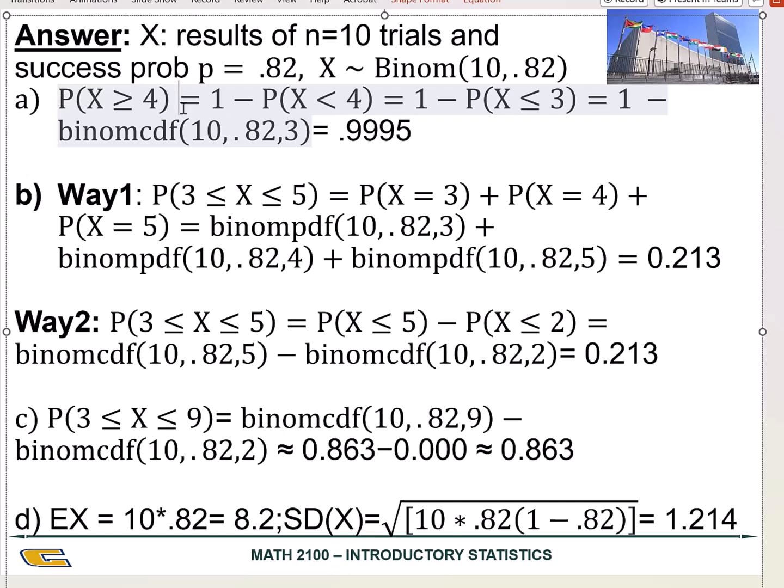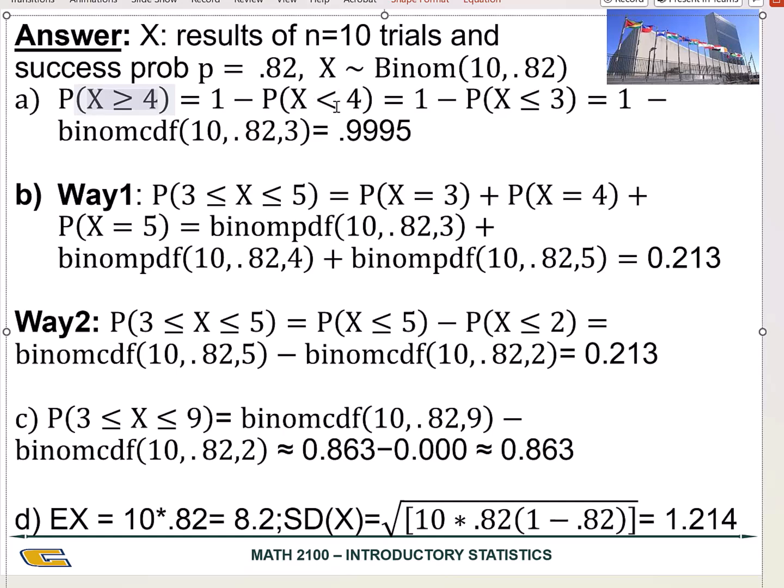So we think about a smarter way by using the complement strategy. X greater than or equal to 4 is the complement of X less than 4. At least 4 people is the complement of less than 4 people.